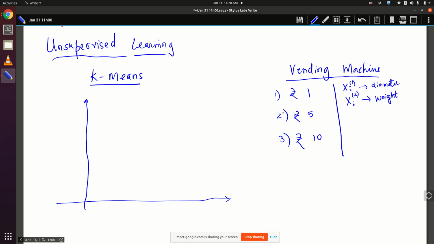So what I can do is I can collect several 1 rupee, several 5 rupee, several 10 rupee coins, and I can individually measure the diameter and the weight, for every single coin. Depending upon the manufacturing process, sometimes the diameter and sometimes the weight will change, right?